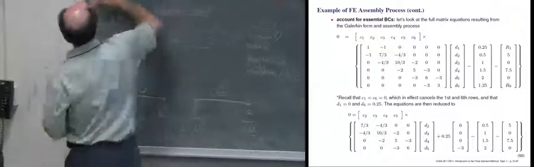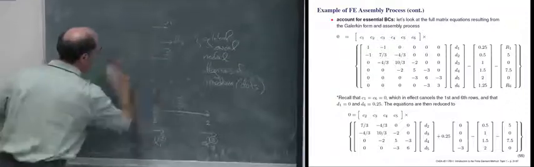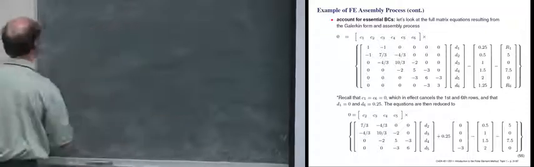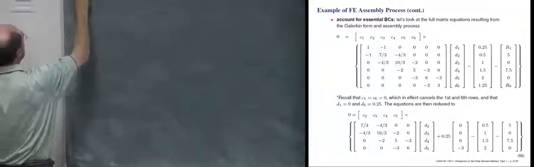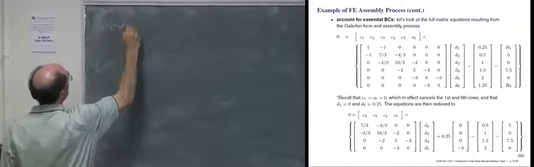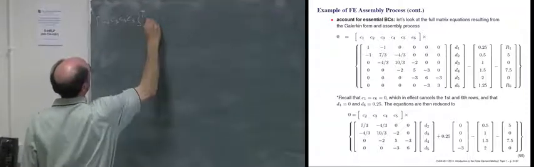Let me rewrite it. Now we have this reduced C and reduced D. So now this C is C2, C3, C4, C5, all transposed.